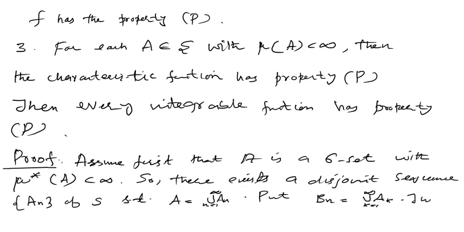Then what is chi of B_n? Does it possess the property P? Chi of B_n is equal to chi of the union of A_k, k runs from 1 to n, and this is equal to the summation of chi of A_k.